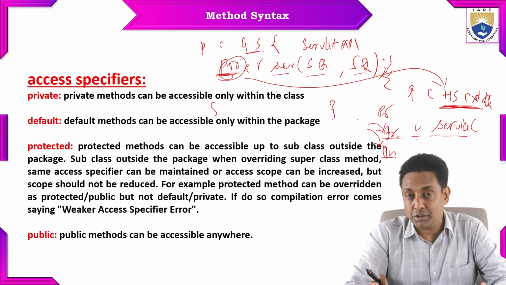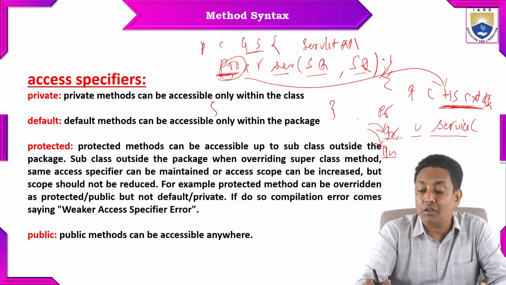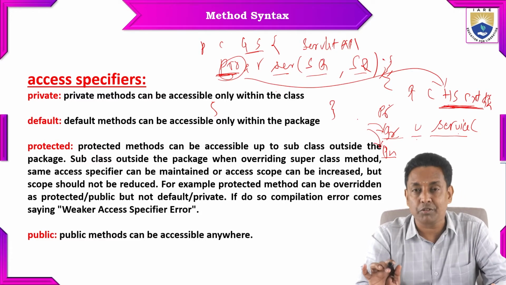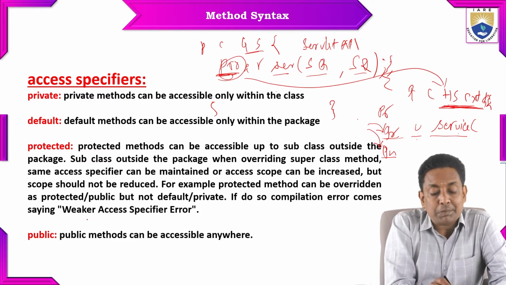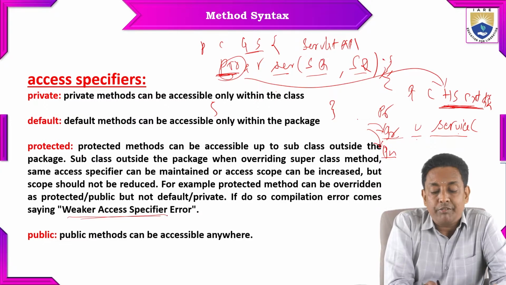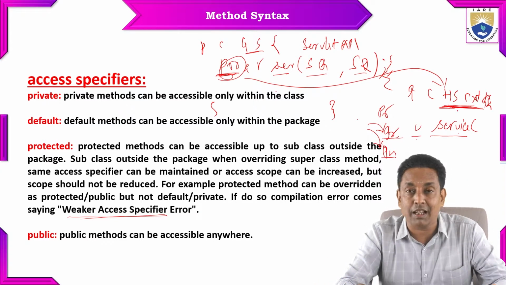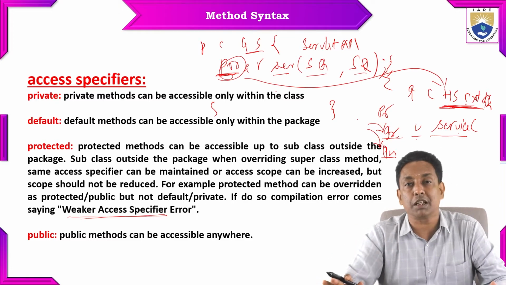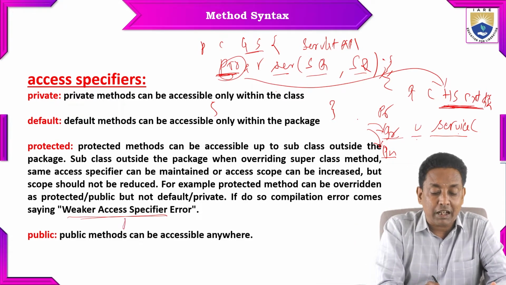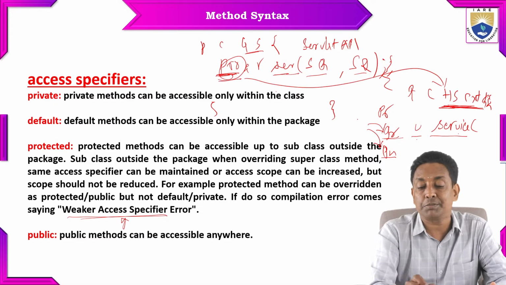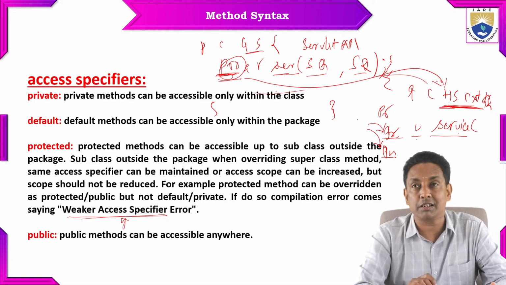If you try to override a protected method with default or private access specifier, what happens? You will get a special kind of error called the weaker access specifier error. The moment you compile this class, you will immediately get a compilation error saying weaker access specifier. There is a method called service with protected access specifier coming from the superclass into your class.